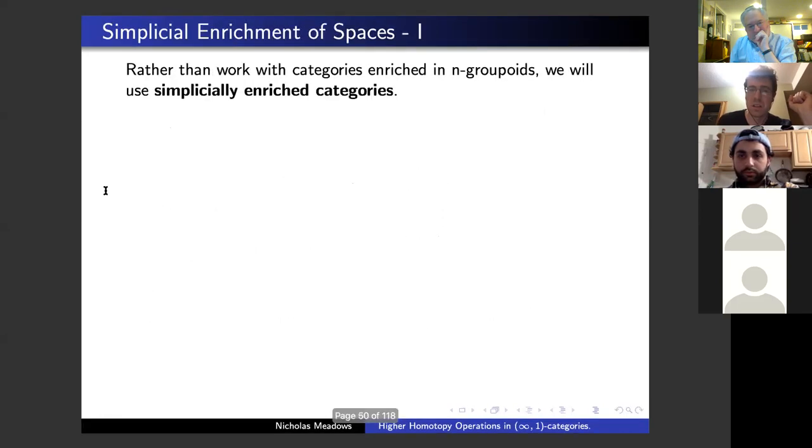So rather than work with categories enriched in n-groupoids, we're going to work with simplicially enriched categories, where we think of the morphisms as having the structure of a simplicial set, rather than just having a set of morphisms.